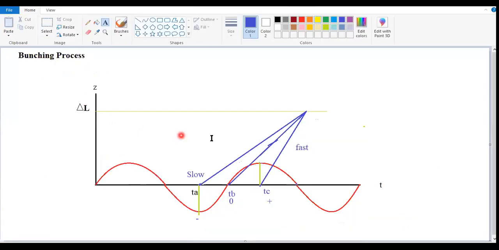This bunching action takes place at a distance of delta L, a small length L. So at a distance of delta L along the beam from the buncher cavity, the beam electrons have drifted into a dense bunching action. So this is the time, or this is the bunching process.